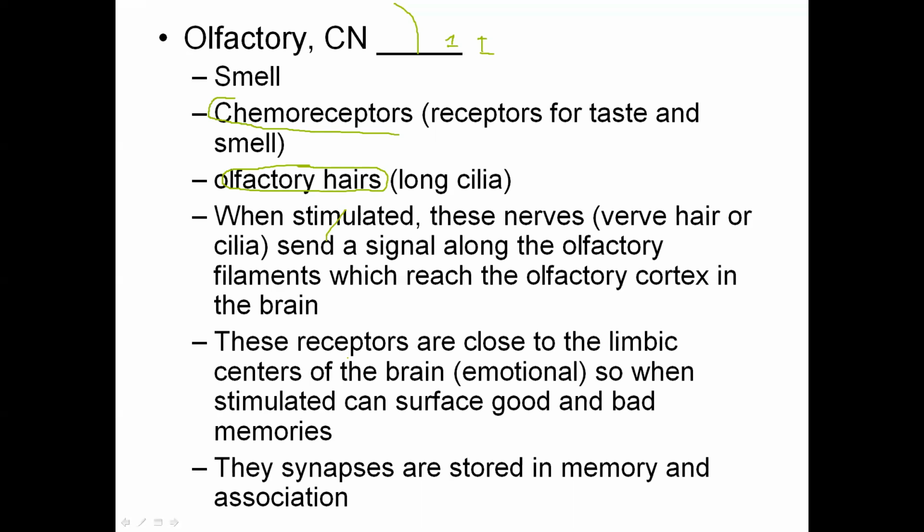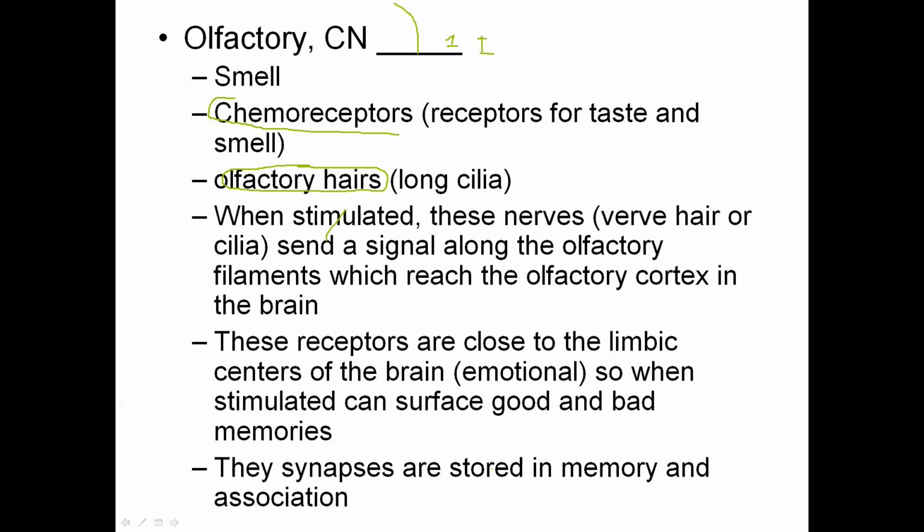And because the smell centers in the brain are closely related to the limbic system, which is the emotional center of the brain, a sense of smell can either stimulate good or negative thoughts or experiences. Okay, smell also has a synapse, which means it has the ability to be stored as memory.